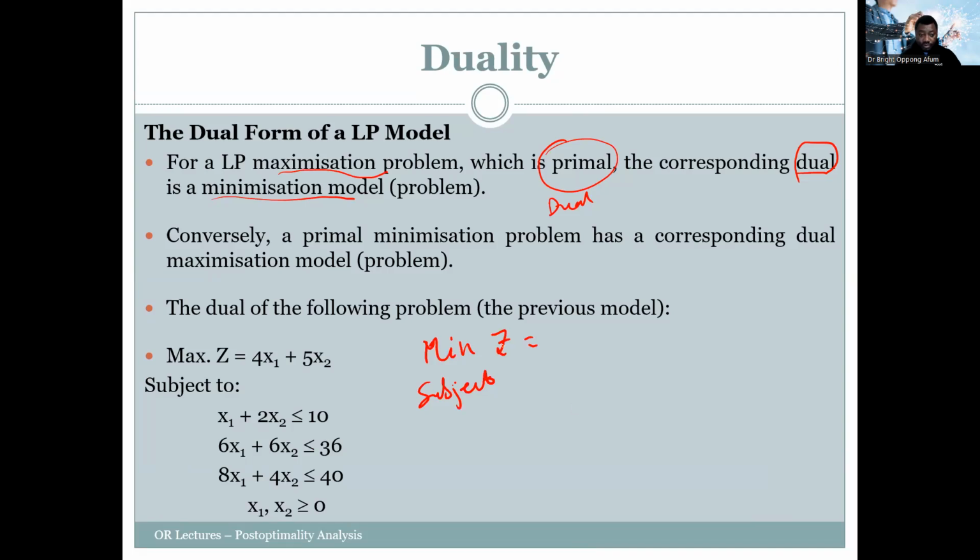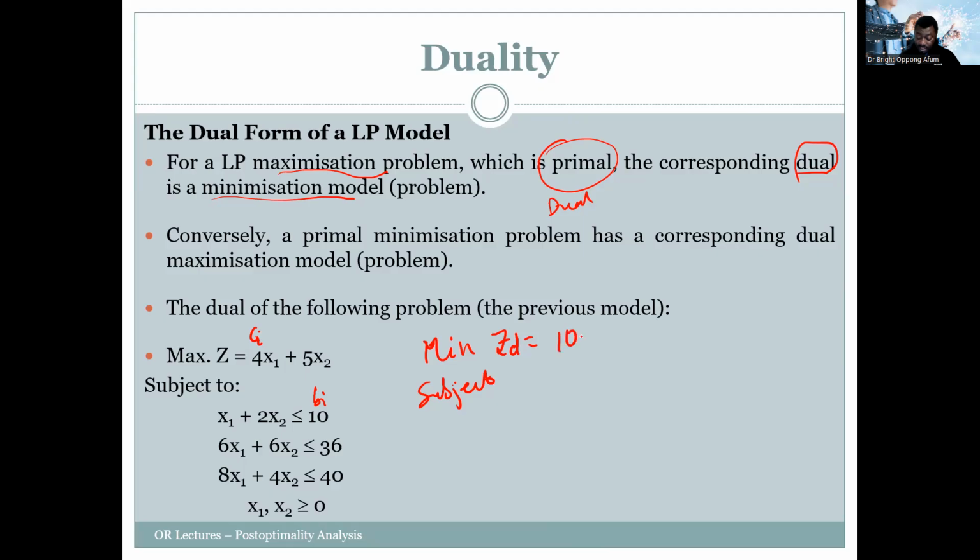And this is how we'll see. So it's minimize Z, then we'll put D here, indicating that it's the dual form, not the original problem, right? And the bi's, the resources, become the coefficients in the objective function of the dual.